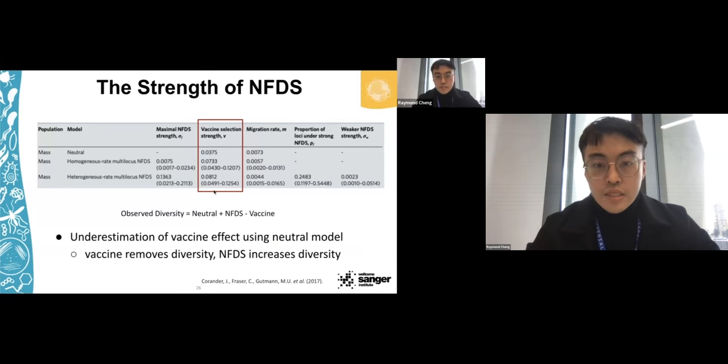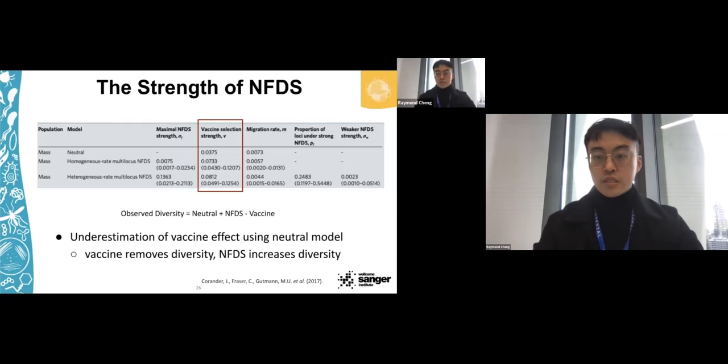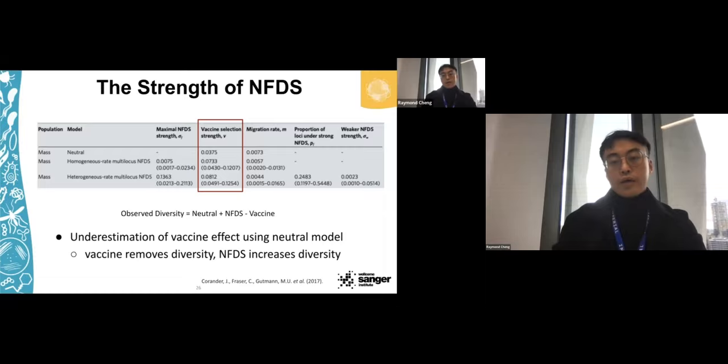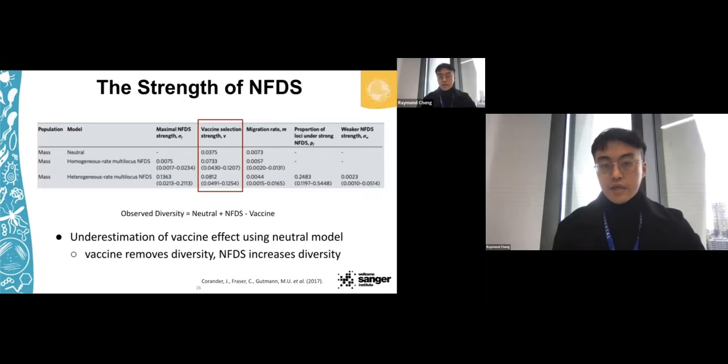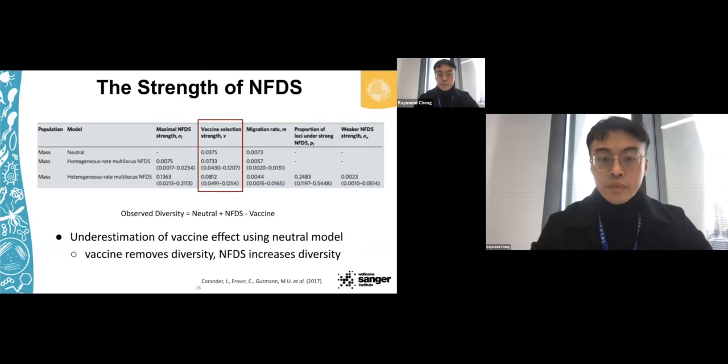So why do we see this result? It shows that there is an underestimation of the vaccine effect using the neutral model. This is because when the vaccine is implemented, the vaccine will remove diversity. And back to the reason why we are talking about NFDS: NFDS actually maintains and increases the diversity.